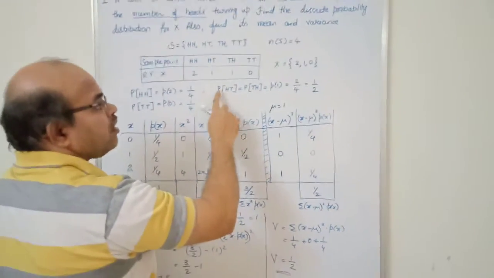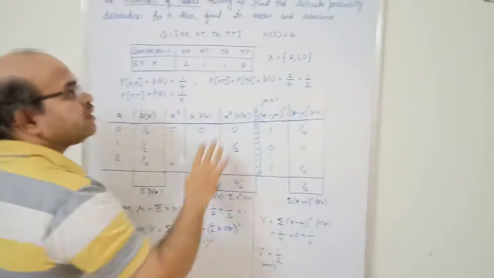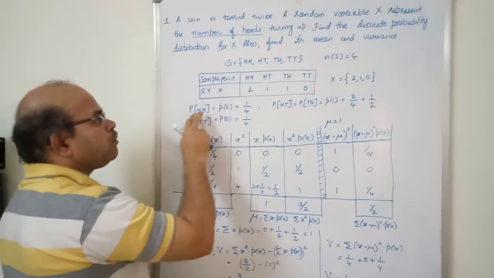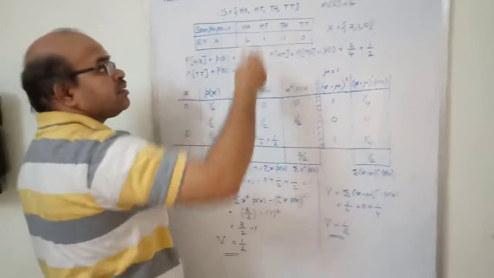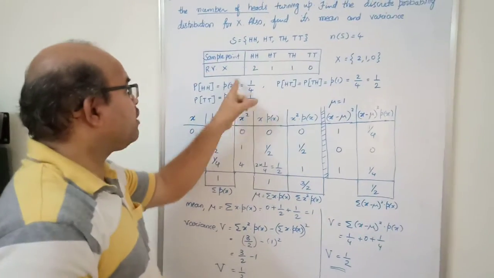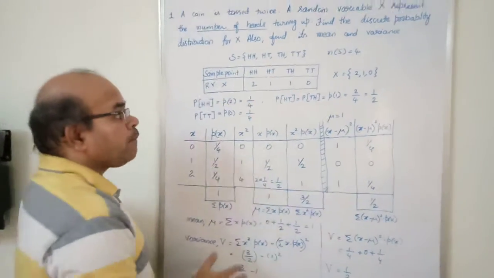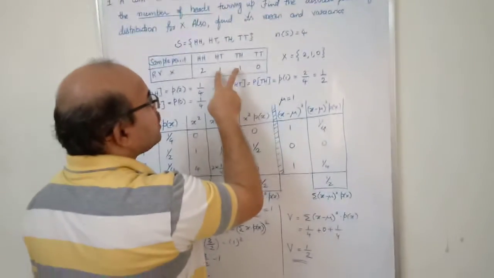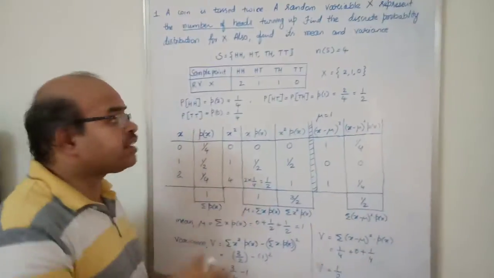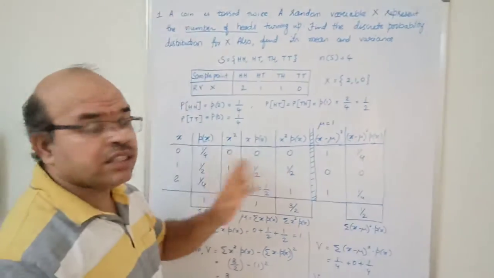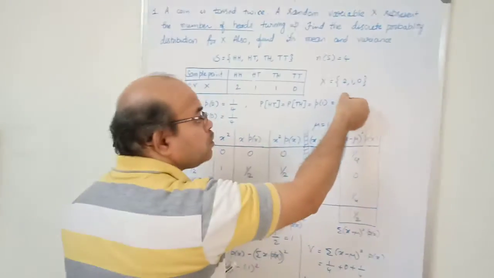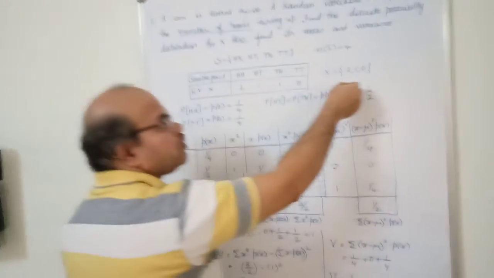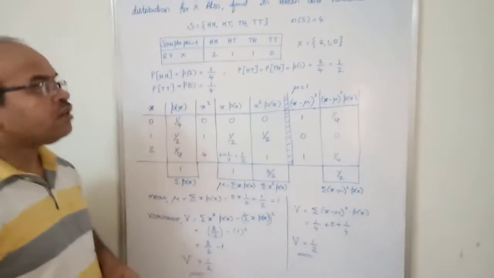P of 2 means both heads, and the combination having both heads is only 1, therefore 1 by 4. The combinations with a single head are 2, so P of 1 is 2 divided by 4, which is 1 by 2.